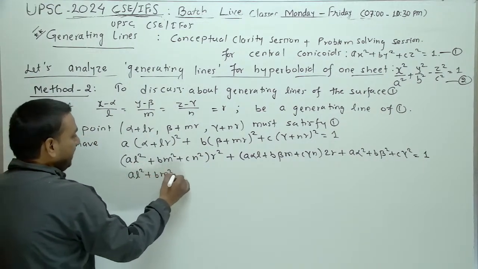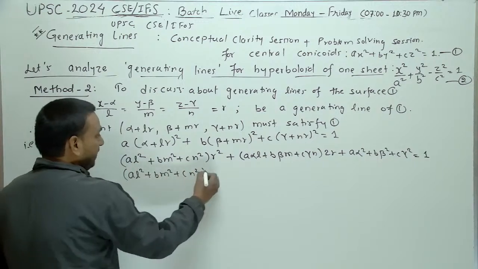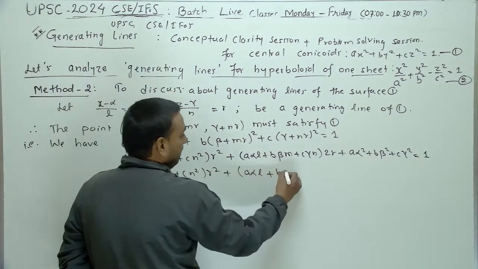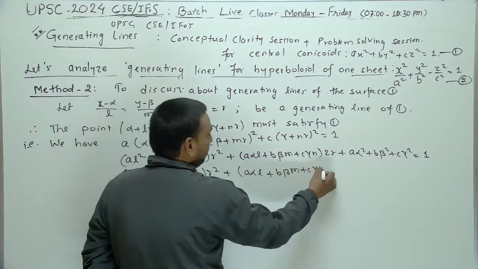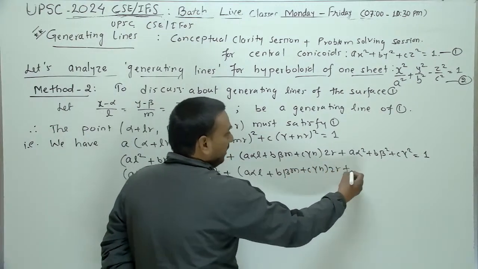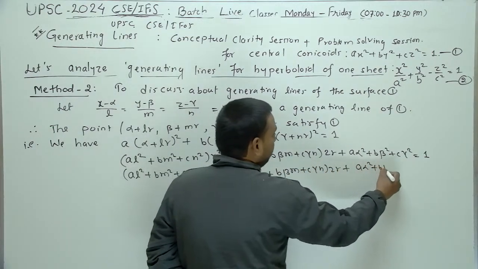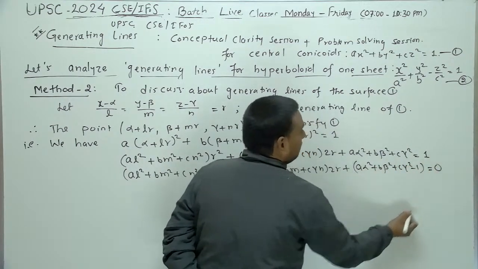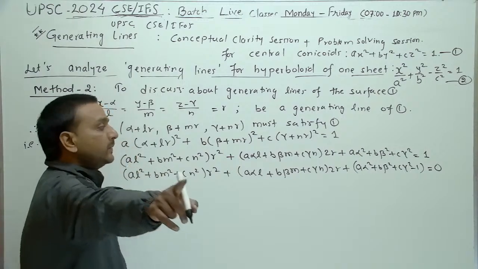(a l square plus b m square plus c n square) into r square, plus (a alpha l plus b beta m plus c gamma n) 2r, plus a alpha square plus b beta square plus c gamma square minus 1 equals 0. ध्यान से देखिएगा.